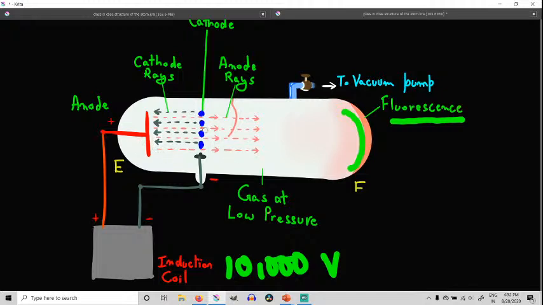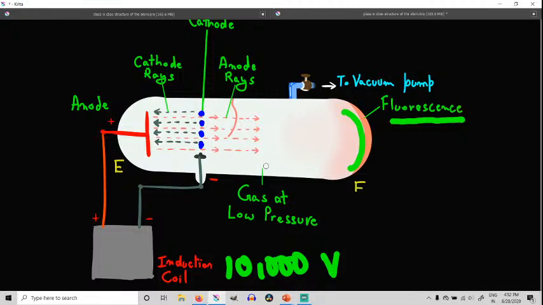Since they are passing through the holes, they are also known as canal rays, because they pass through the holes or canals in the cathode.